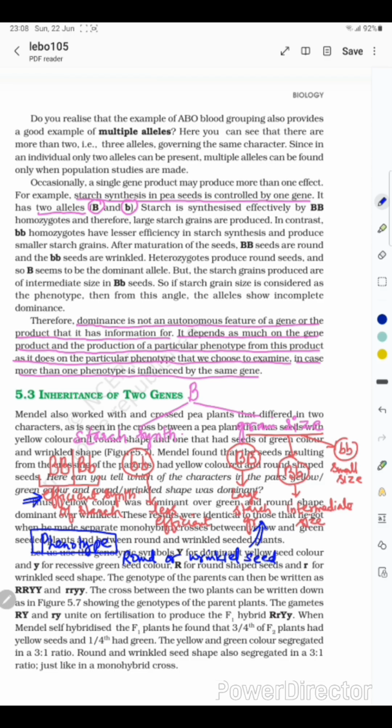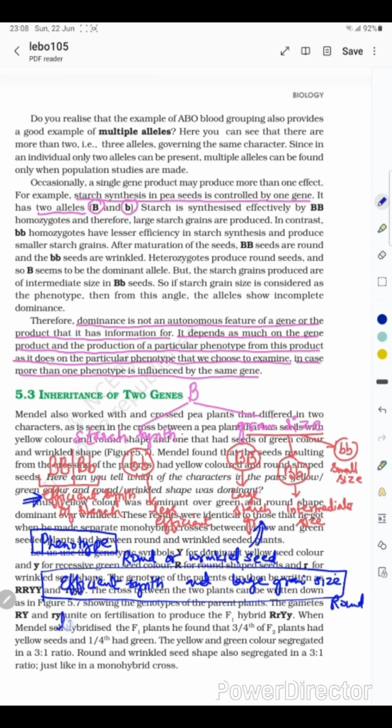So when there is efficient synthesis of starch and large grain size, the phenotype is round.